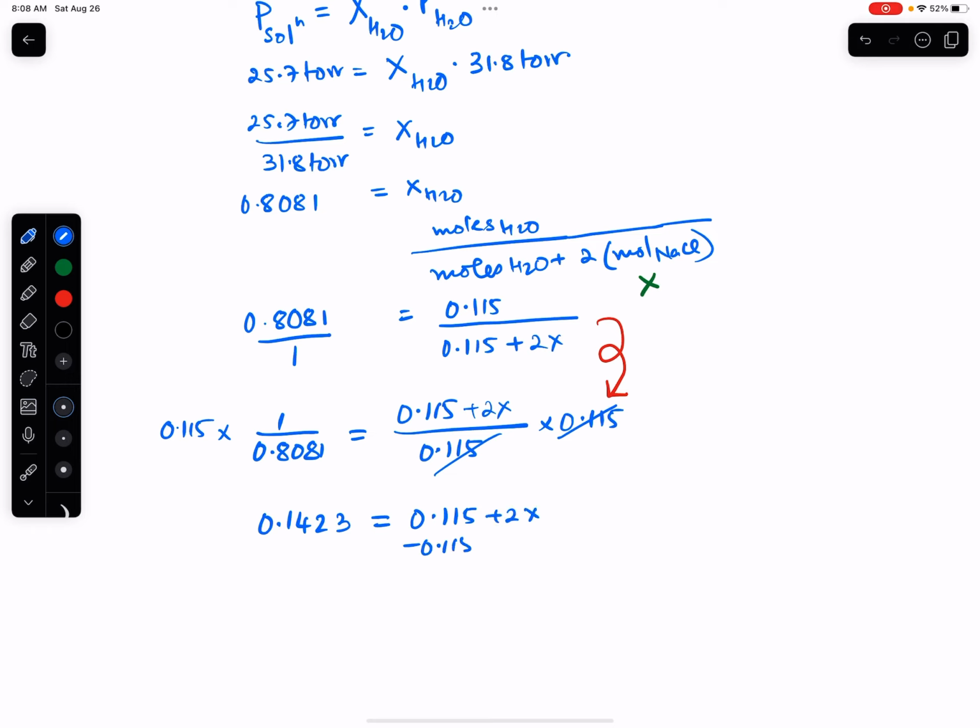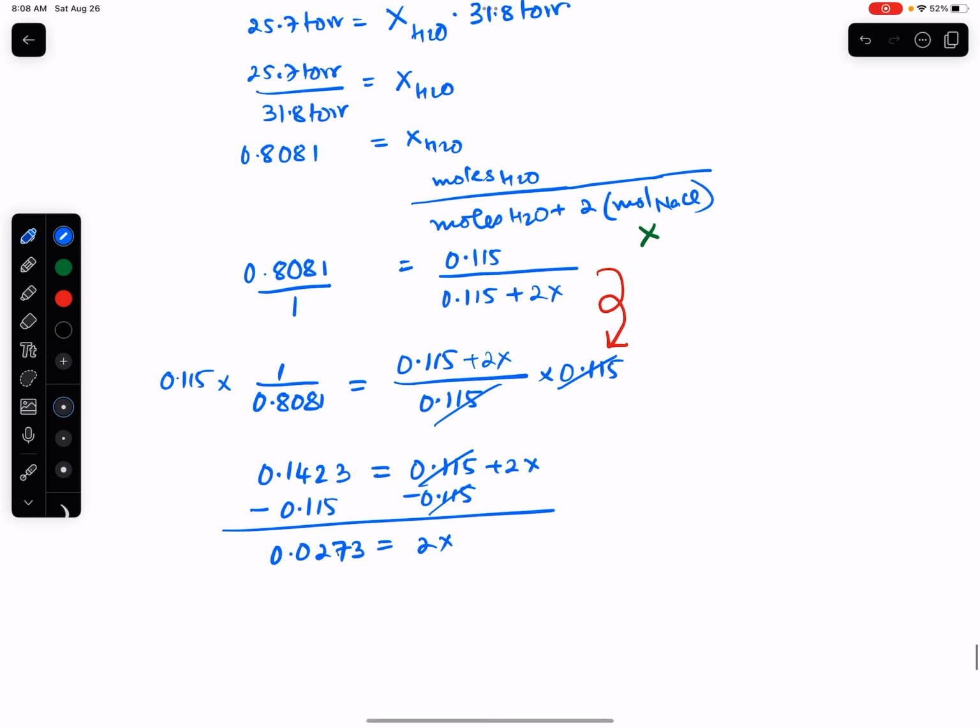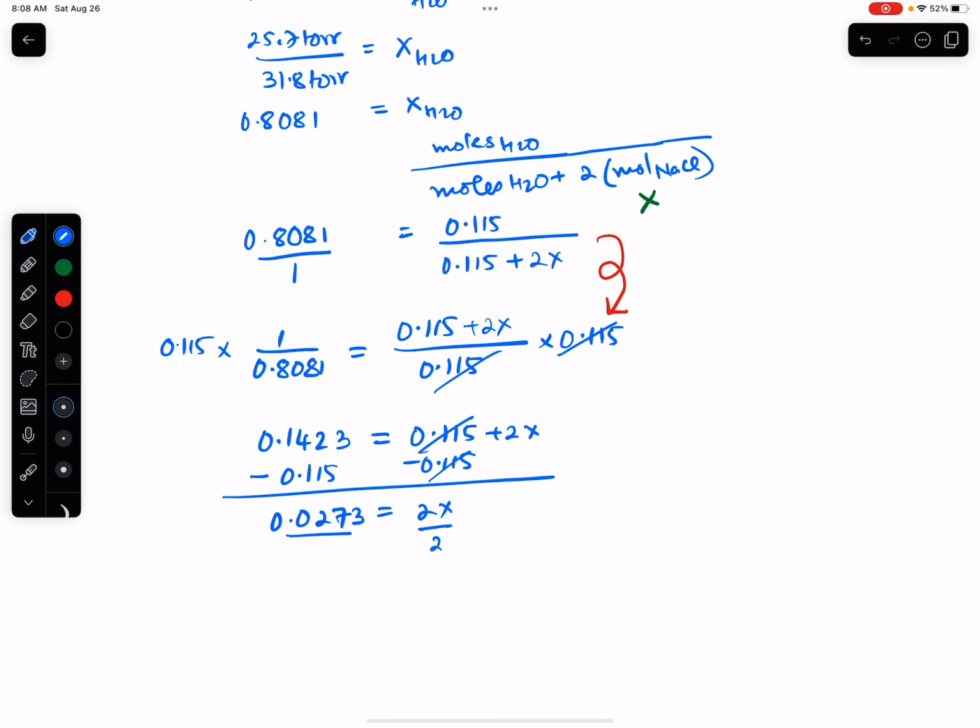Subtracting 0.115 from both sides, we get 2x is equal to 0.0273. Then we divide both sides by 2, so x is equal to 0.01365.